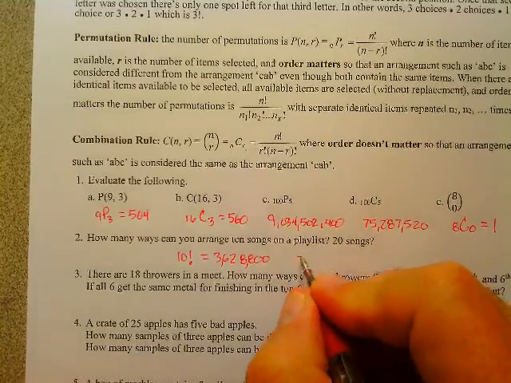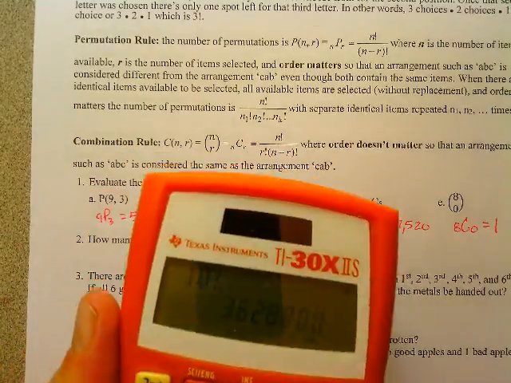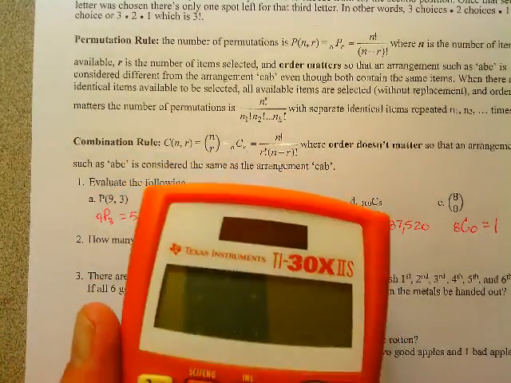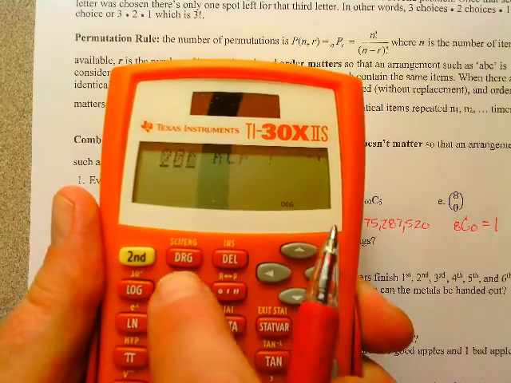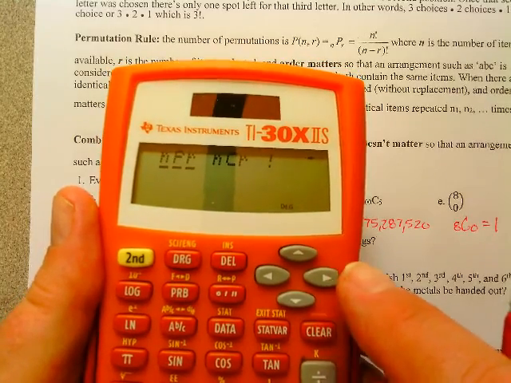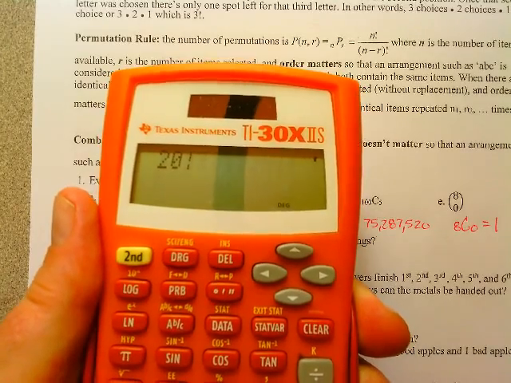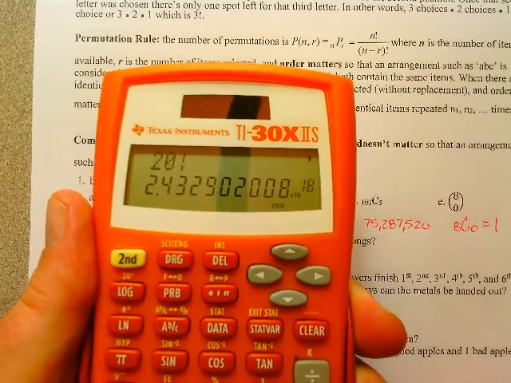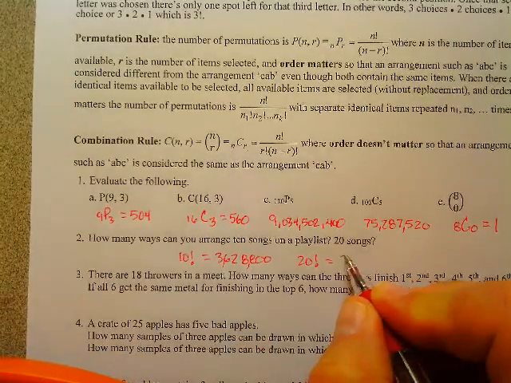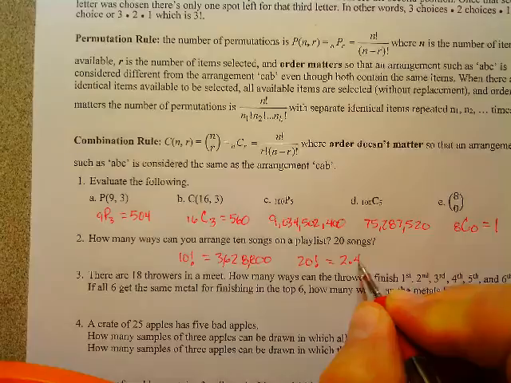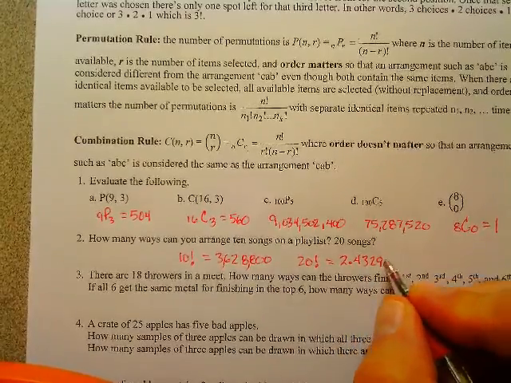20 factorial. So if I do 20 factorial, again, 20 PRB, slide it over, equals, and then equals again. And this one does not give me an exact number, because the calculator can only display so many digits.